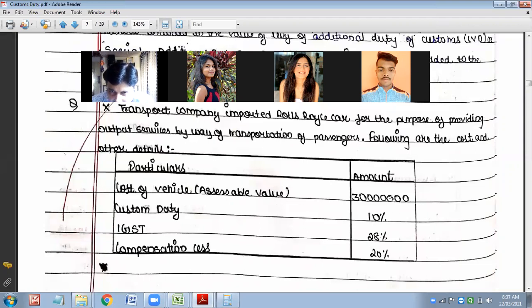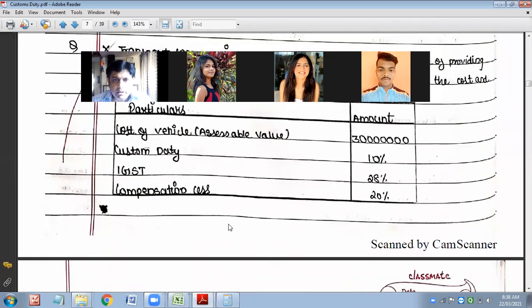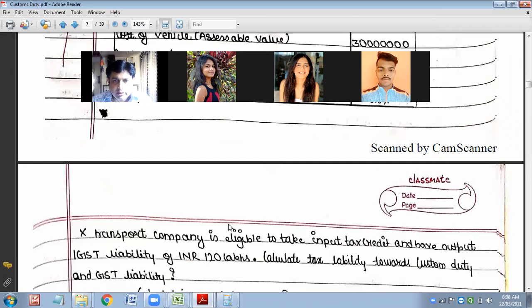Assessable value is 3 crores. Custom duty 10%, IGST 28%, compensation cess 20%.